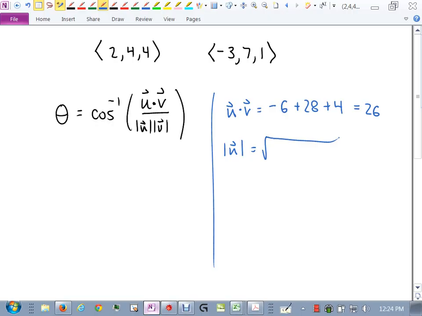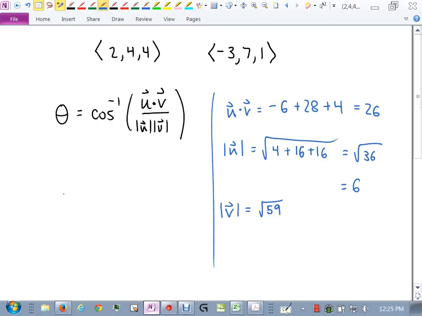Square root of 4 plus 16 plus 16. That's 36. So 6 is the magnitude of u, and the magnitude of v is, what do we have? 59? Root 59?